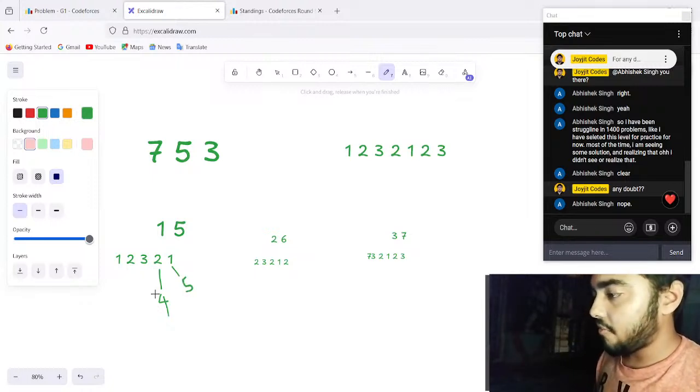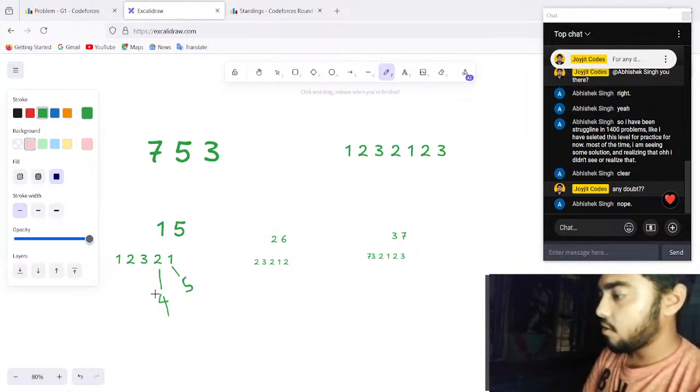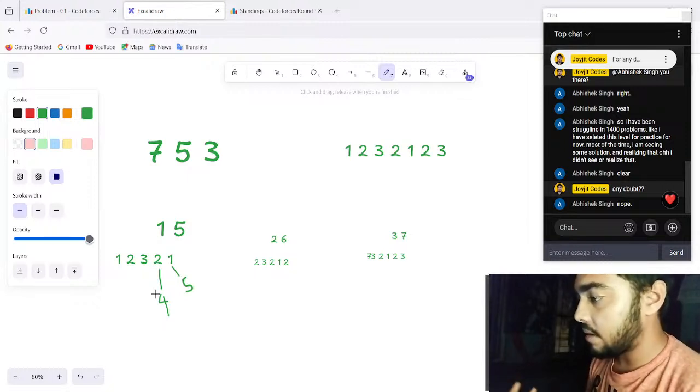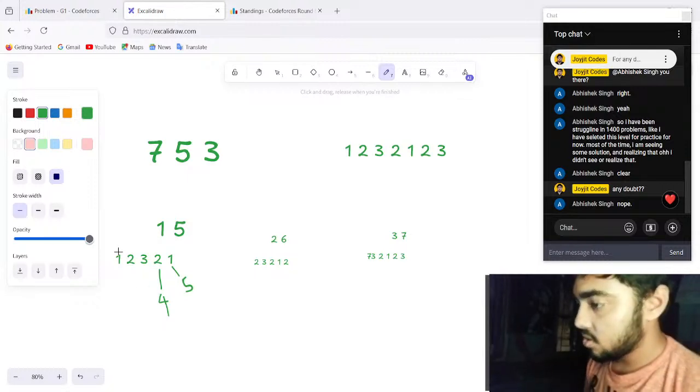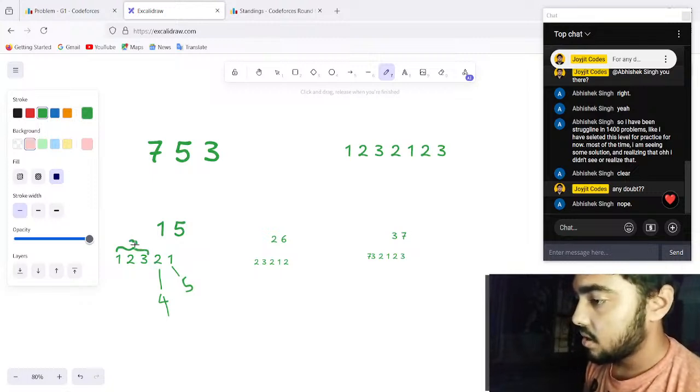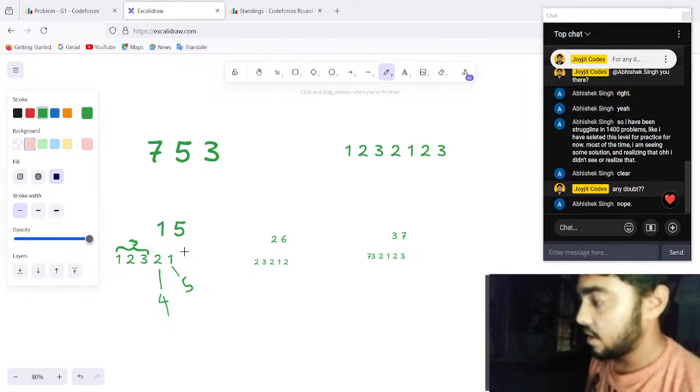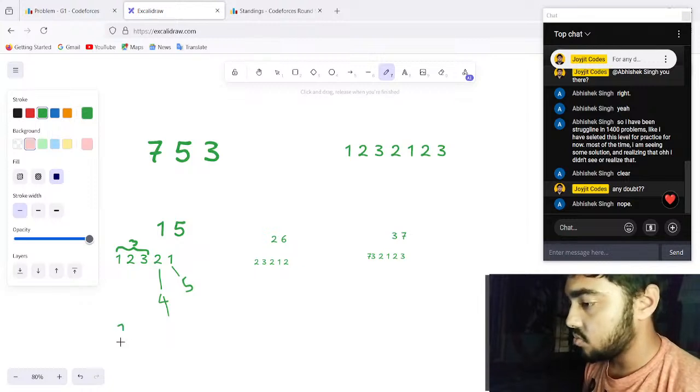So the minimum number of operations that we need to perform is 2. How are we going to find it? We can just take the maximum number of consecutive elements in the whole thing. The maximum number of consecutive is 3. If we subtract this 3 from the whole length of the subarray, we get the answer, that is 2.